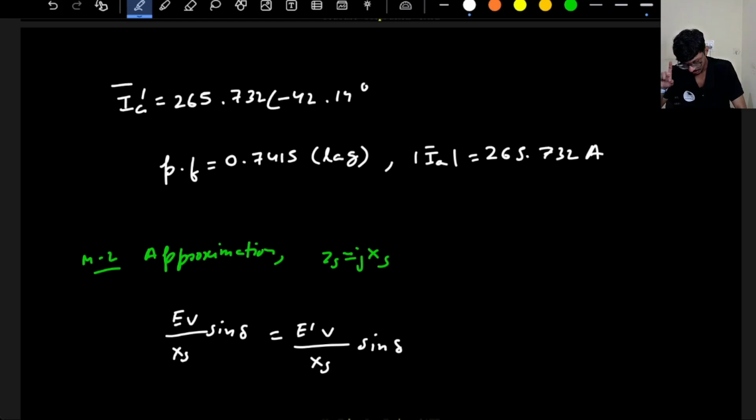Everything will get cancelled. Do I know sine delta? No, I don't. So my sine delta' will basically be equal to, because E' is 1.25 times the previous one, 1 by 1.25 into sine delta.